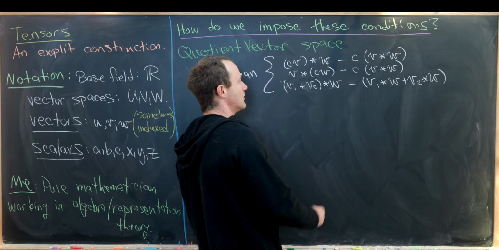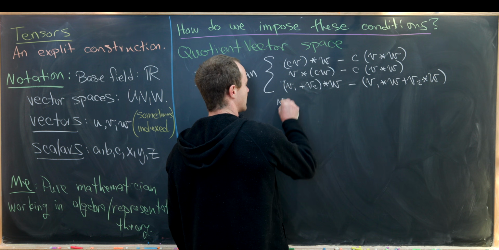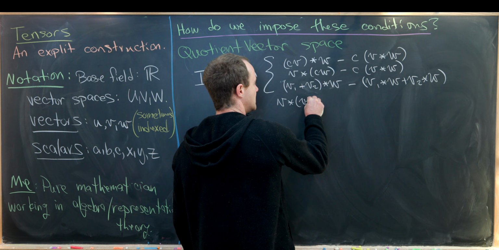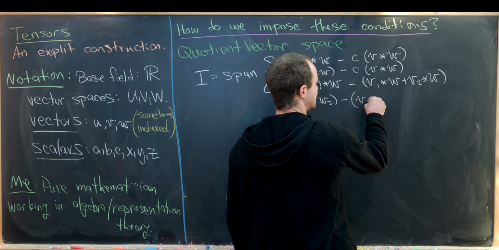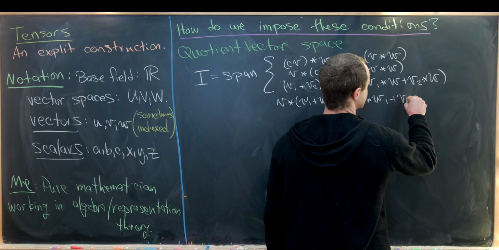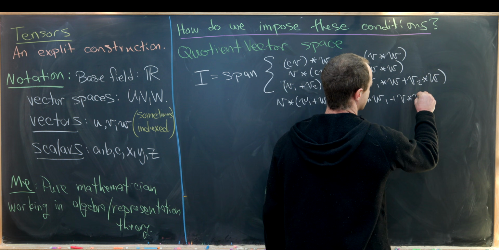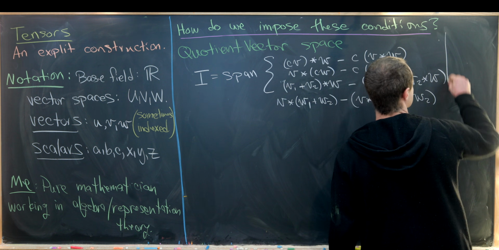And then we've got one more, and that has to do with a sum and a distributive rule occurring in the second component. So that'll be like V star (W1 plus W2) minus (V star W1 plus V star W2). Great. Then let's go ahead and point out where all of these parts come from.